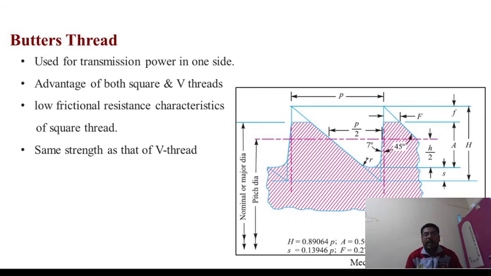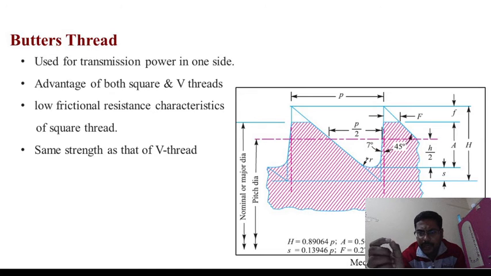Next one is the buttress thread. Observe here, this is also one of the different types of thread. We compare the nominal major diameter, the nominal diameter and the pitch diameter. H is equal to 0.989, A is equal to 0.5, S is equal to 0.139.